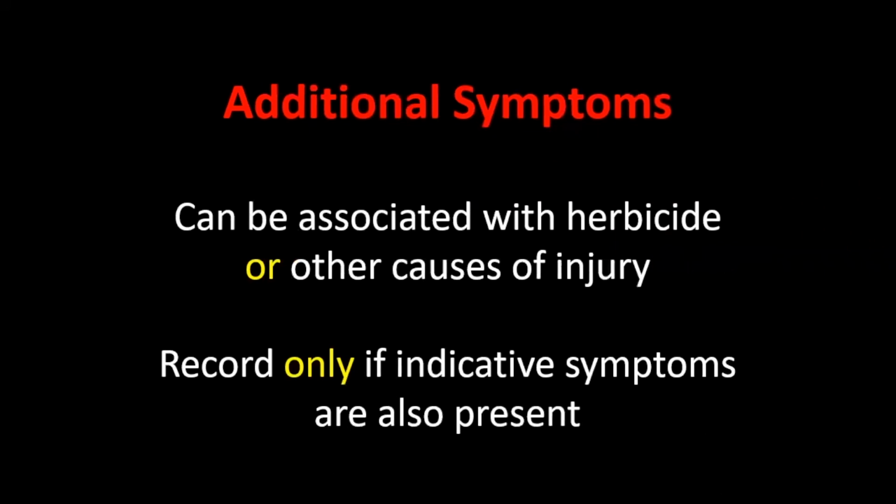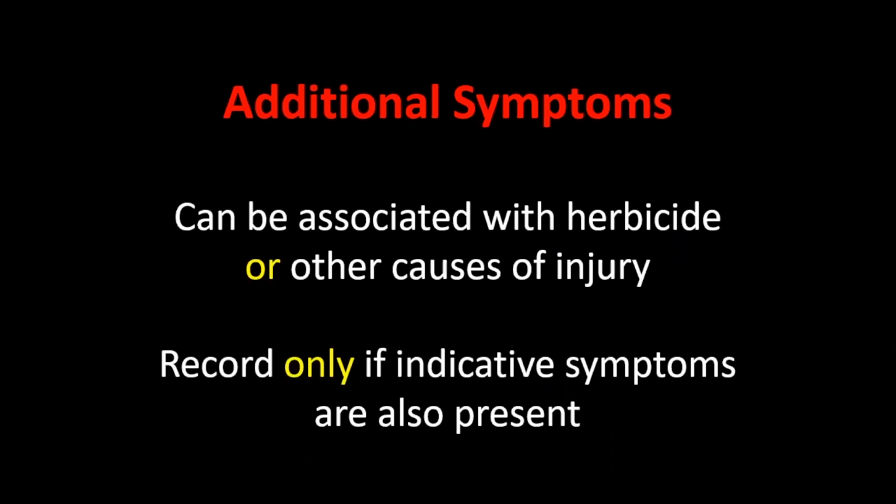There's a second set of associated symptoms we call additional symptoms. What we can say about these is that these are symptoms that can be associated with herbicide injury, or they may be typically associated with other causes of injury as well. In other words, these are not indicative of herbicide injury, but they're often found in association with foliage that does have indicative symptoms.